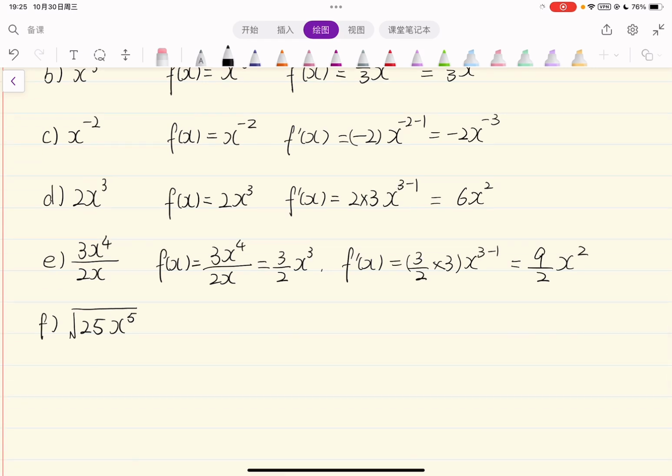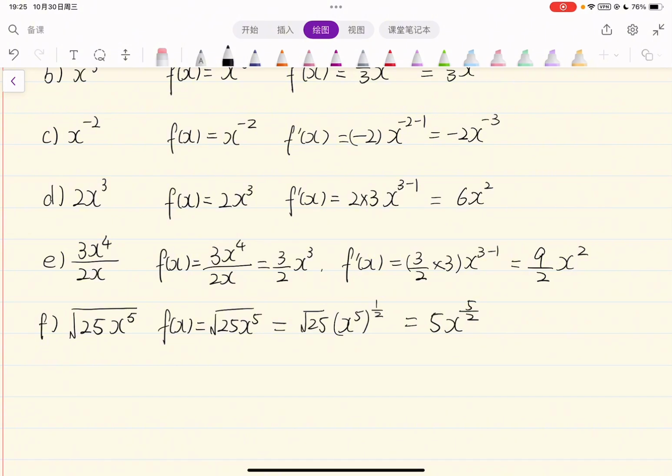For part F, we have the function the square root of 25 x to the power of 5. That equals the square root of 25 times x to the power of 5 to the power of half, which equals 5 times x to the power of 5 over 2.